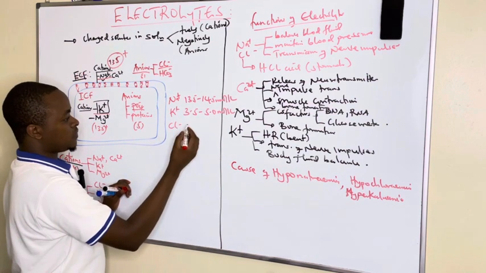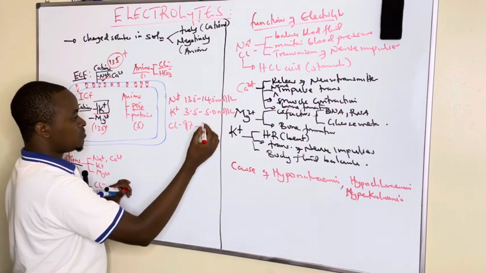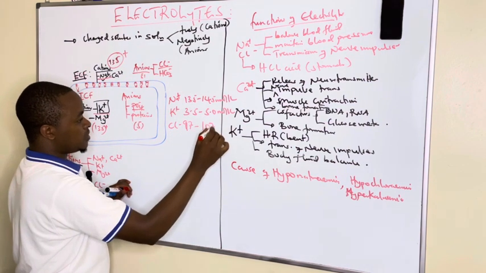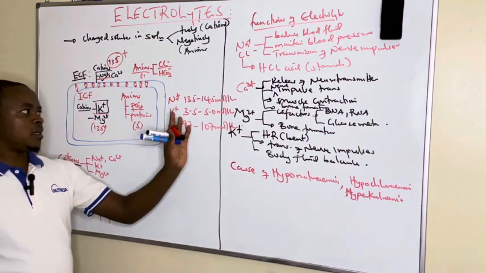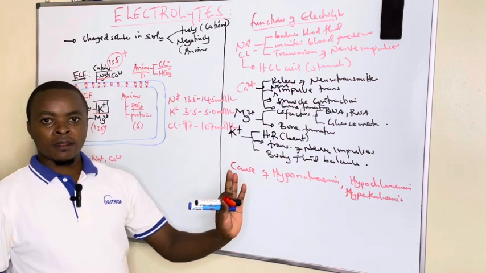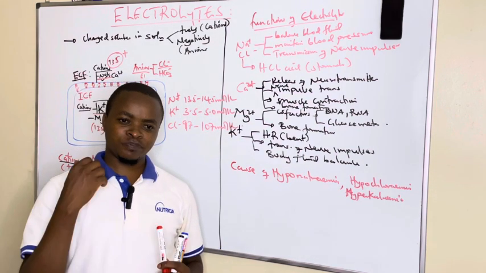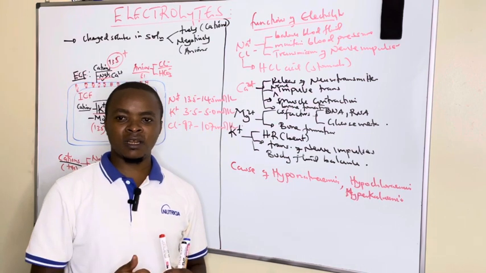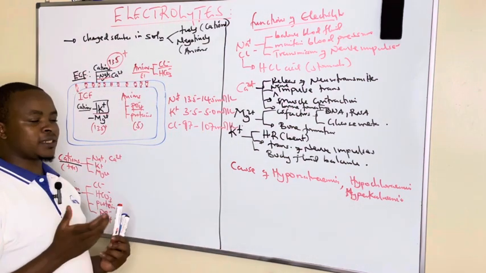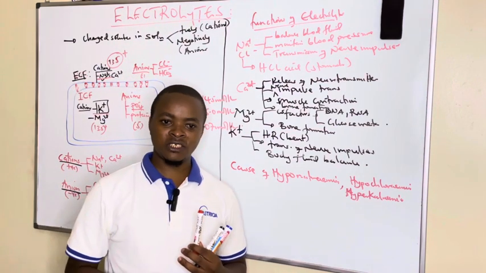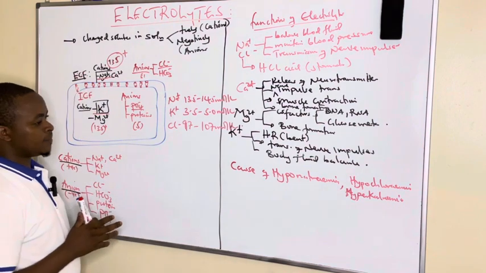Chloride is 97 to 107 millimoles per liter. These are the common electrolytes we do, but whenever the doctor requests extended electrolytes, then you add magnesium and calcium.